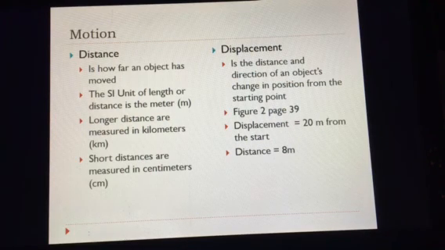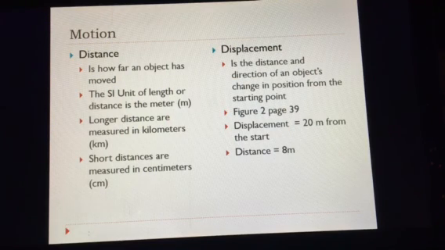And so if you look in your book, on figure 2 on page 39, you see this little guy running. And so if we look at him, he ran from one end line or the start line all the way to the finish, and he ran back. It looks like he's running on a football field. Well, you can see he ran 50 meters down and he ran 30 meters back.